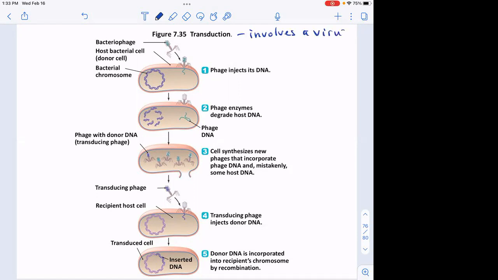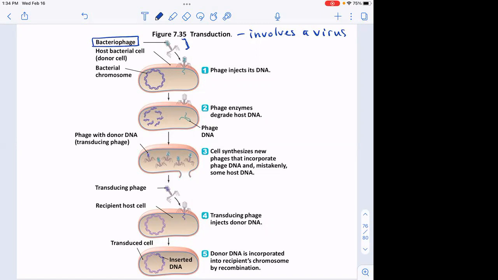We're going to talk more about viral replication, but what you need to know basically here to understand this is that there are viruses that only infect bacteria. We call them bacteriophage. Phage means to eat, so bacteria eaters. And some of the bacteriophage look really kind of bizarre. They've got these weird spindles and tail fibers on them.